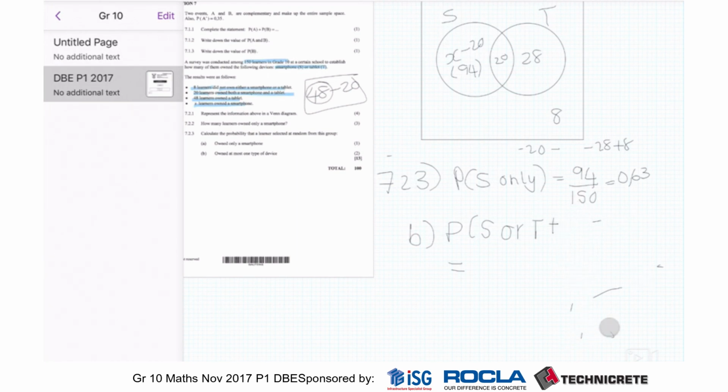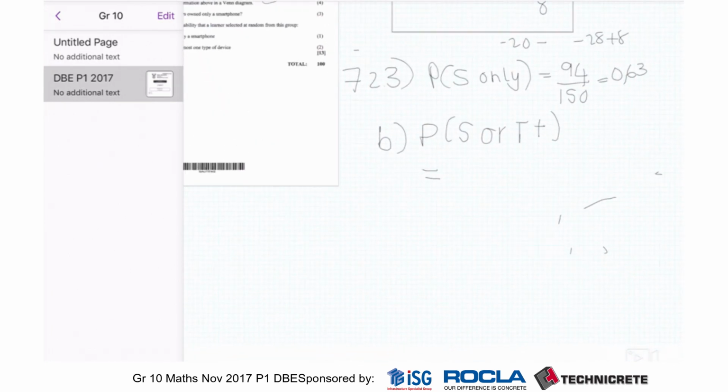So it's just going to be either they had a smartphone or a tablet, and that is going to be 94 over 150 plus 28 over 150, and that total is going to be 94 plus 28 is 122 over 150, and if we were to put that as a decimal, it's going to be 0.81.